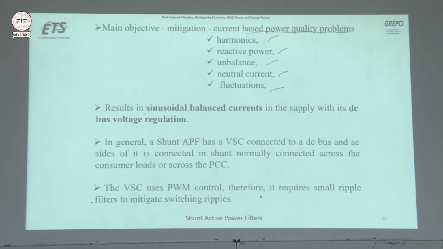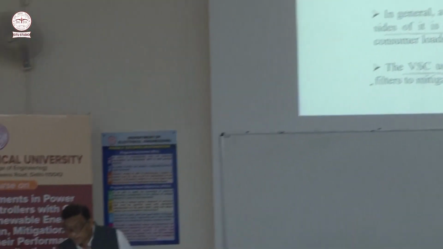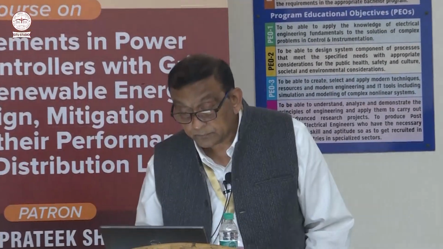It results in sinusoidal balanced currents in the supply with DC bus voltage regulation. In general, shunt APF has a voltage source converter connected to DC bus and AC side. Okay, and VSC uses PWM control. Therefore, it requires small ripple filters to mitigate switching ripples.